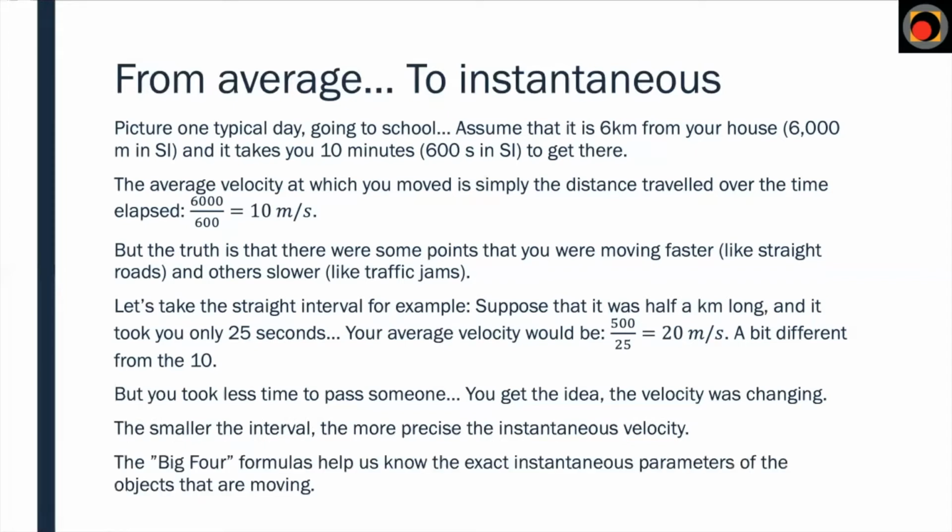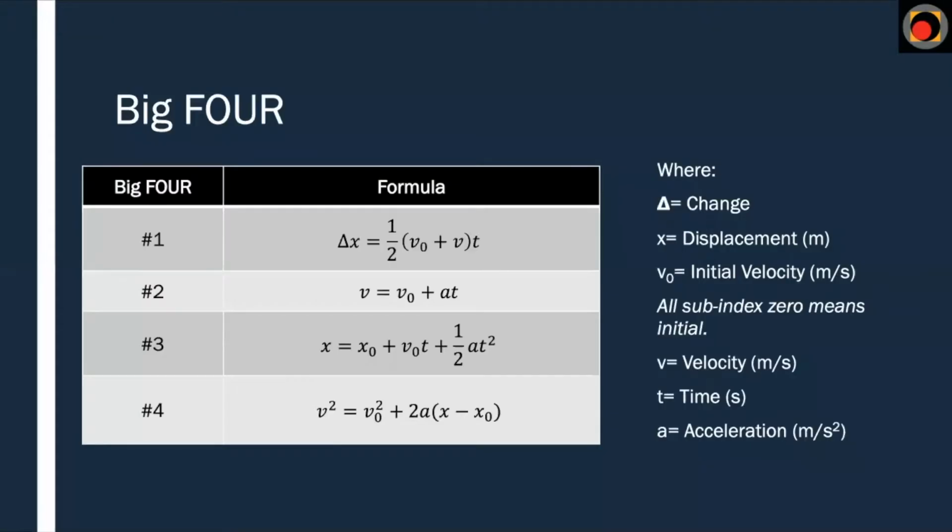Okay, we will be using the big four formulas. Big four because there are four and it's everything we need. So hooray. And they will help us know the exact instantaneous parameters of objects that are moving. Instantaneous means what is going on at that precise instant. So these are the big four.